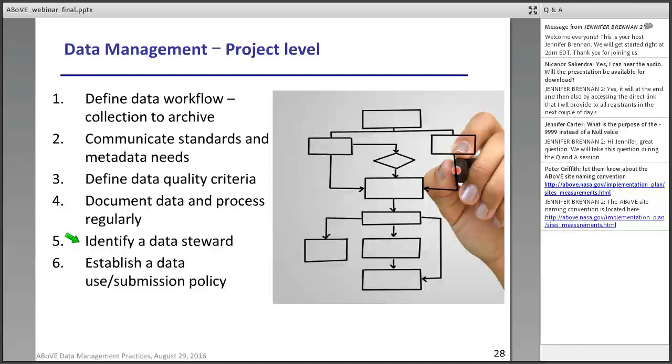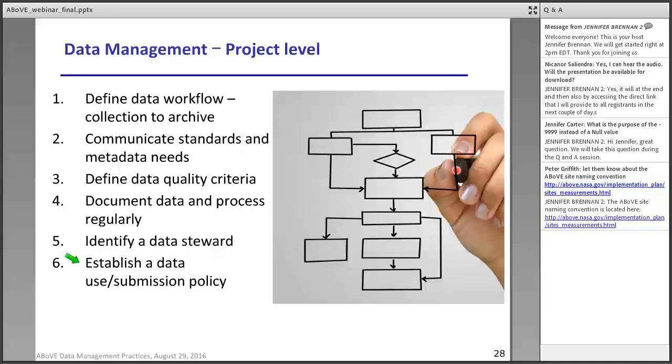So this could be a person or a team who could be in charge of making sure that the entire team is following all the best practices of data management. So this actually comes in quite handy when you have a long-term project and you have measurements that have to be collected over multiple years or perhaps even decades. So this ensures that there is an identified personnel and a process in terms of maintaining and documenting your data.